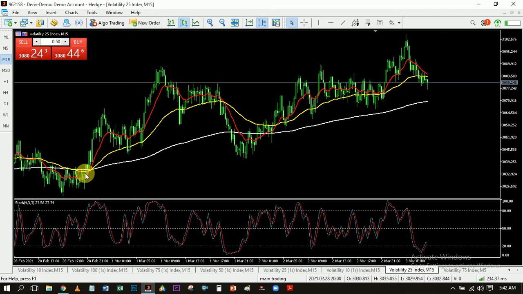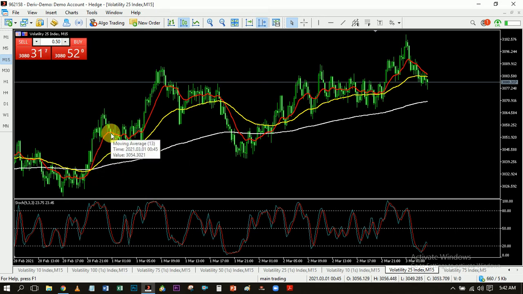But in a recap, this red is your 13 EMA, then the yellow is your 50 EMA, then the white is your 200 EMA, then you have your stochastic indicator right here, which is your 933, and we want to look for buy signals whenever these indicators follow accordingly.